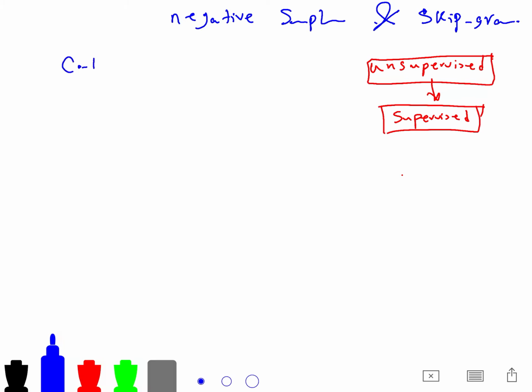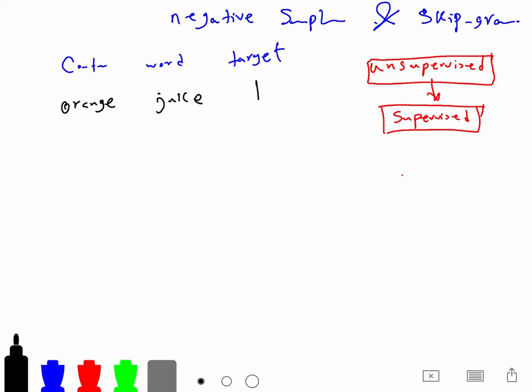So we have a context, we have a word, and we have a target because it's supervised learning. For example, your context is orange and your word is juice. So the target is 1 because juice usually comes after orange. But you also want something out of the human context, human text, so you randomly negative sample it.